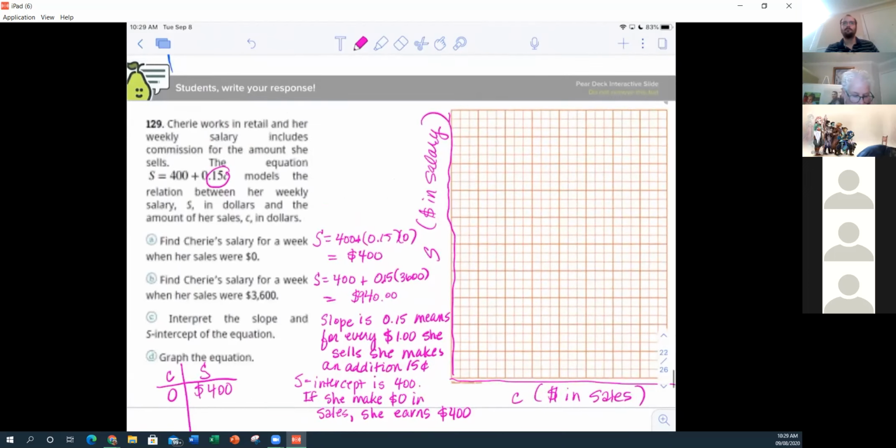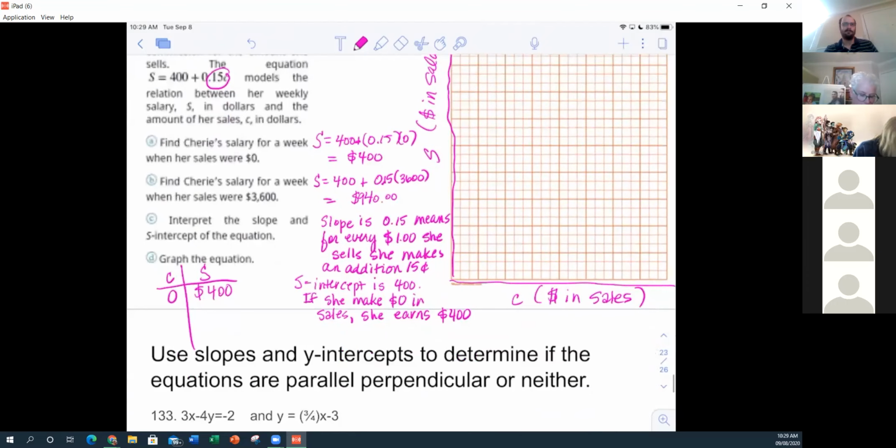And I don't know, she works retail, so I don't know. Again, let's say she sells $200 worth of merchandise. Then she would make 400 plus 0.15 times 200. And that would be $430.